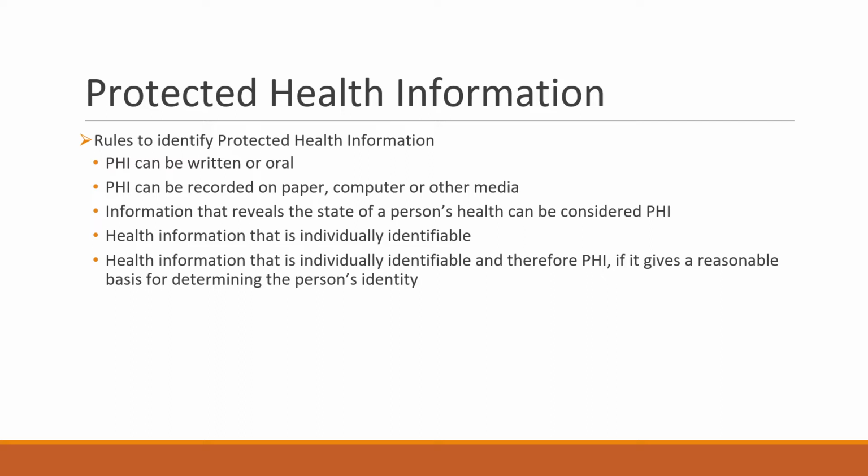Health information is individually identifiable, and therefore PHI, if it gives a reasonable basis for determining the person's identity. So understanding what this means: the information contains anything about an individual's diagnoses or medical condition, whether past, present, or future, and it can identify an individual.